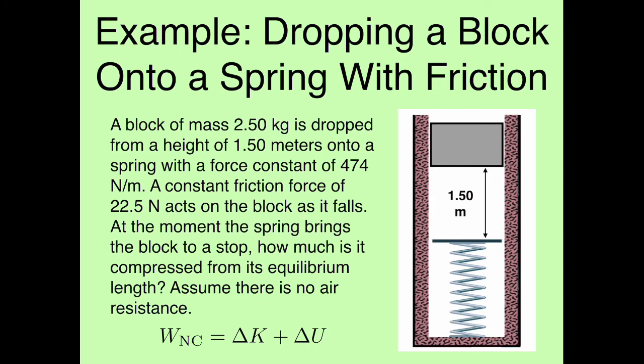So where is this friction coming from? Well, you might imagine the block is sandwiched in between two walls and there's friction exerted by those walls as it falls down. We won't have to calculate the force of friction. We're just going to use the given value, which is 22.5 newtons. Okay, so we know what happens. The block falls, it hits the spring, and then it doesn't just come to a stop immediately.